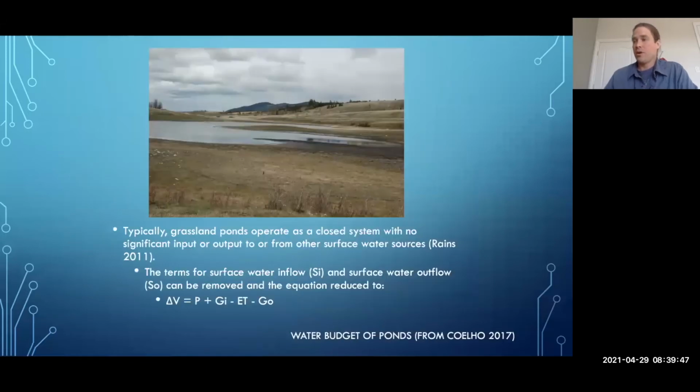So continuing on with the assumptions, where does this concept of risk come from? Typically, grassland ponds operate as a closed system, and they can be characterized as not having a lot of input or output from other surface water sources.